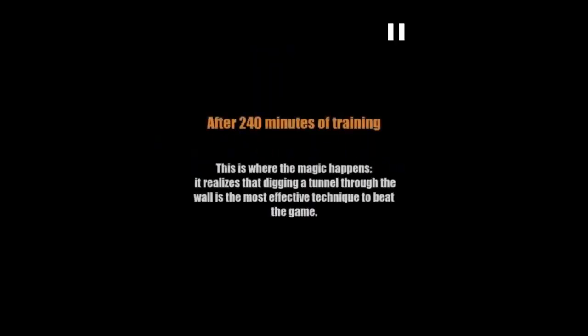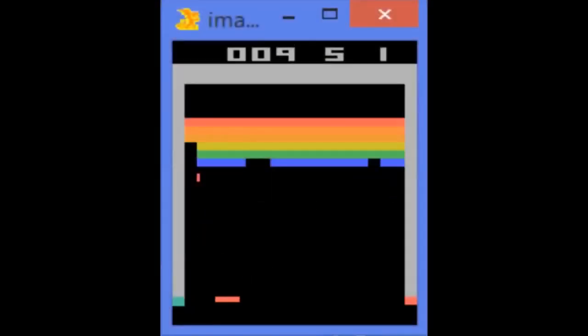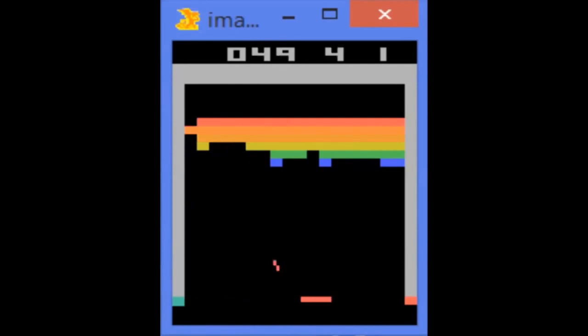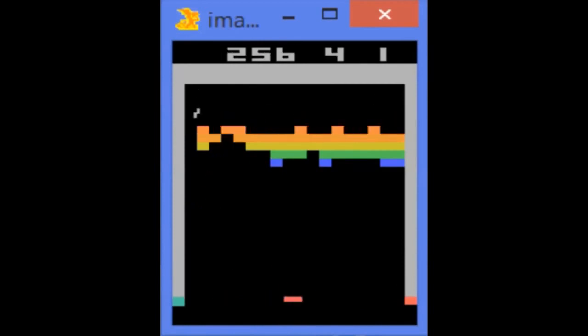But what happens after 4 hours of training is something that they call magic. I would call it something very interesting: it starts to develop its own techniques. It realized that digging a tunnel towards the end is a good strategy, because once you have created a tunnel, you immediately win the game.